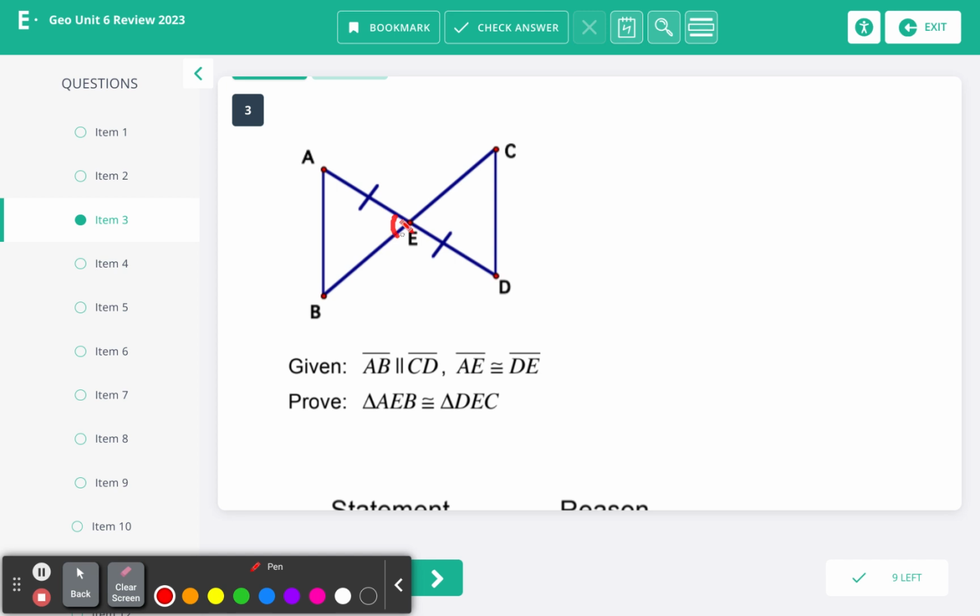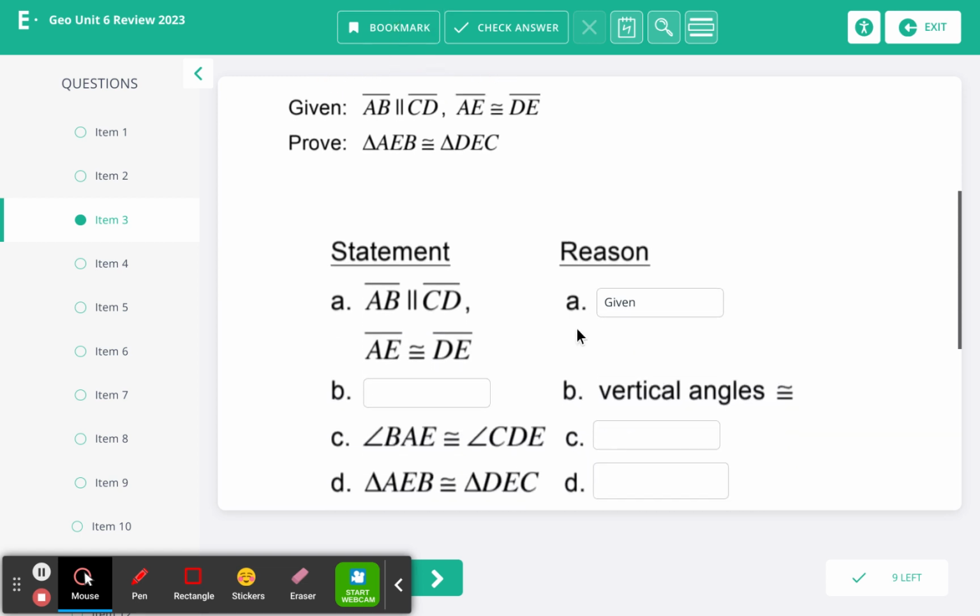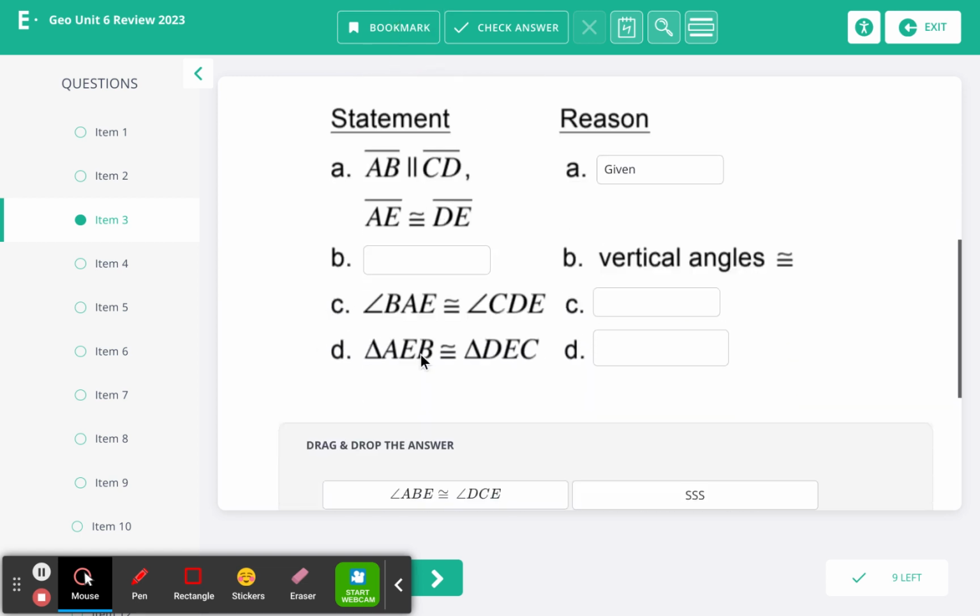I forgot to mark that on there. These angles are congruent. They're the vertical angle pair. All right, all vertical angles are congruent. So if we identify these two angles as congruent, we can always use that reason of vertical angles being congruent. Oh, they stay there. That's awesome. All right, vertical angles are congruent.